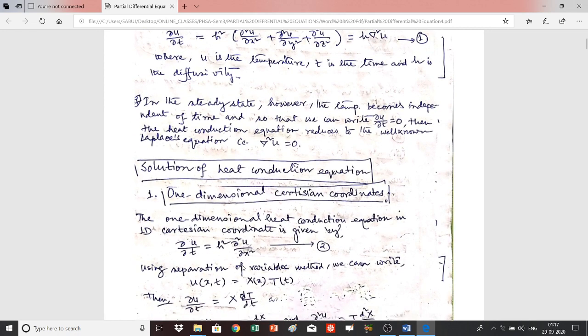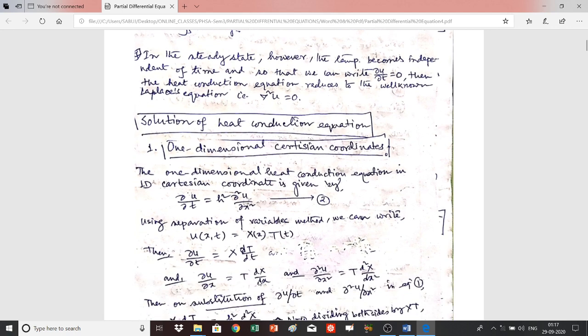Now to solve this equation, we can employ the method of separation of variables. In this case, we know that the function u can be written as the product of a function of x and a function of t, that is u(x,t) equals X(x) T(t).